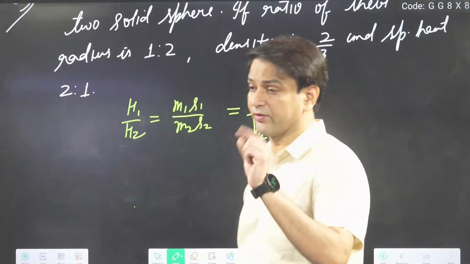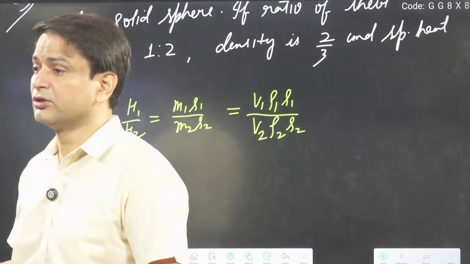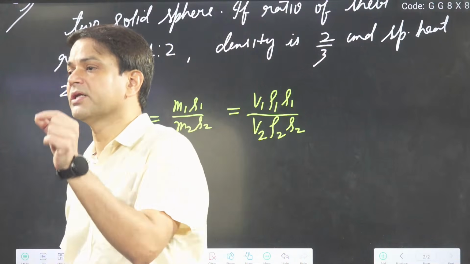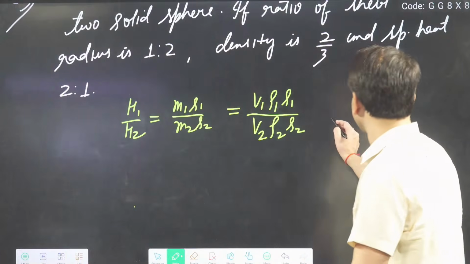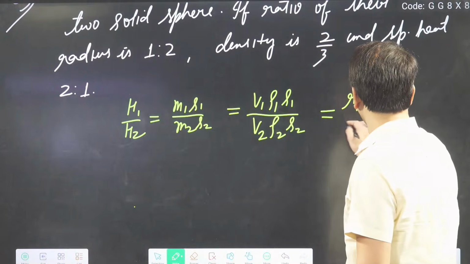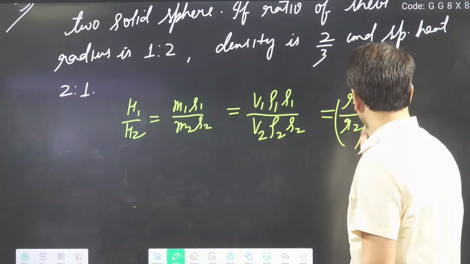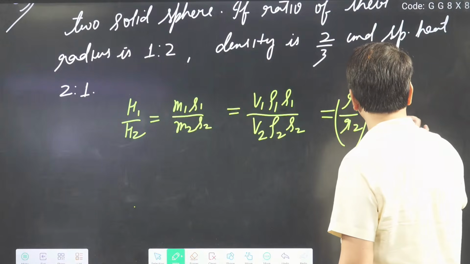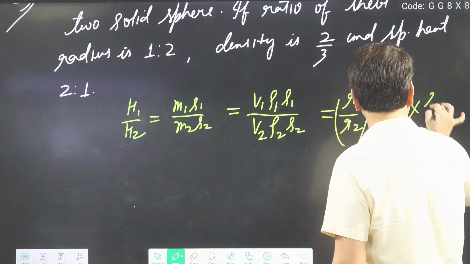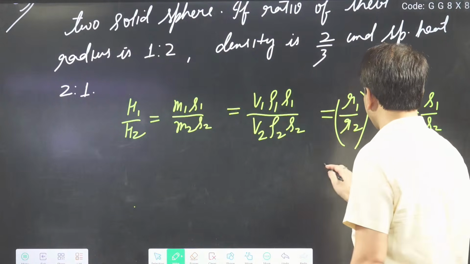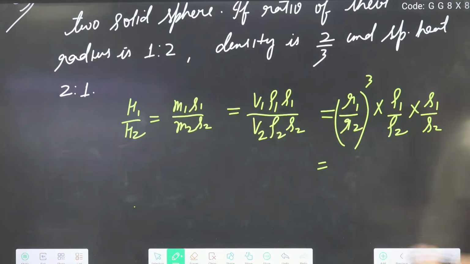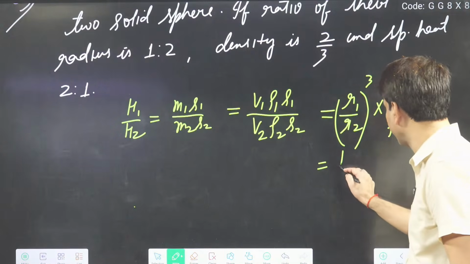The radius ratio is 1:2 and it is a sphere, so the volume is 4 by 3 pi r cube. Then this I can write as R1 by R2 whole cube into rho 1 by rho 2 into S1 by S2. What is R1 by R2? R1 is to R2 is 1:2. So it will be 1 by 8.